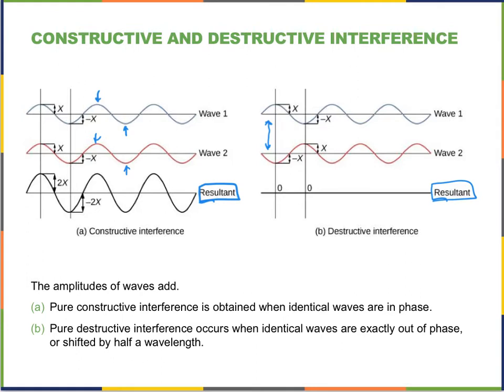As I said at the beginning of this slide, these are the two extremes of how waves can interfere. You can also have something somewhere in between, somewhere along the spectrum between exactly constructive interference or exactly destructive interference. It's a continuous spectrum between the two.